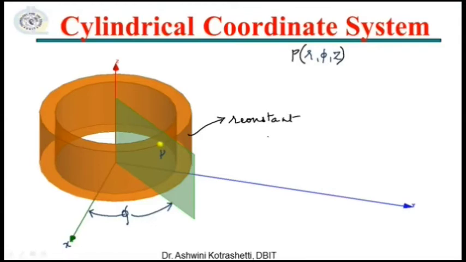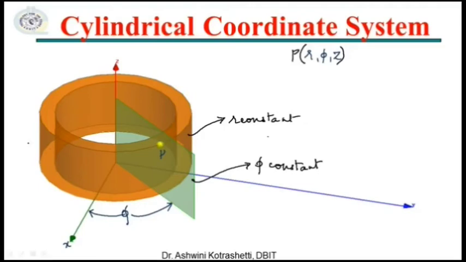Now, coming to phi. What is phi? Phi is the angle that is made between the x-axis and the phi constant plane. The phi constant plane passes through the point. Okay. So, this becomes our phi constant plane. Now, thirdly, it is the z constant plane.